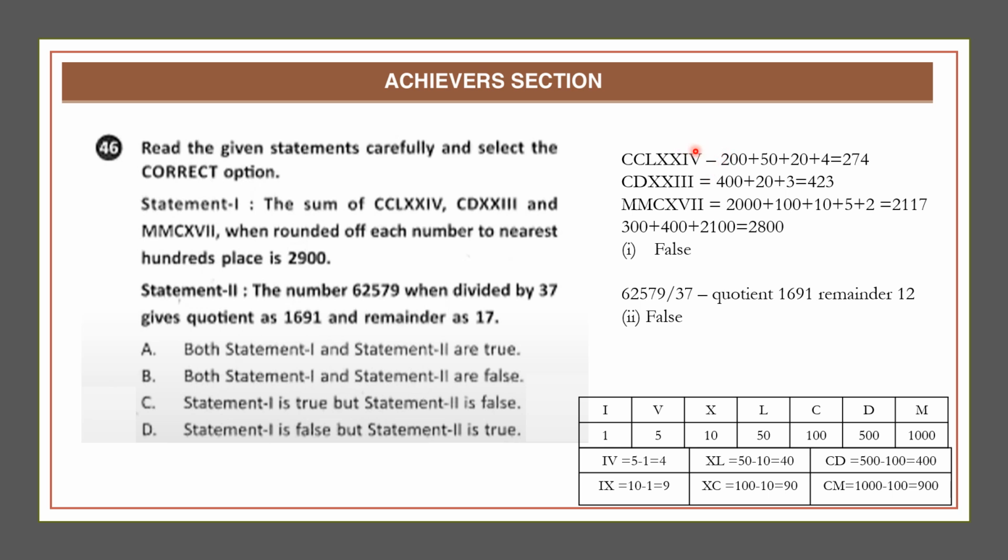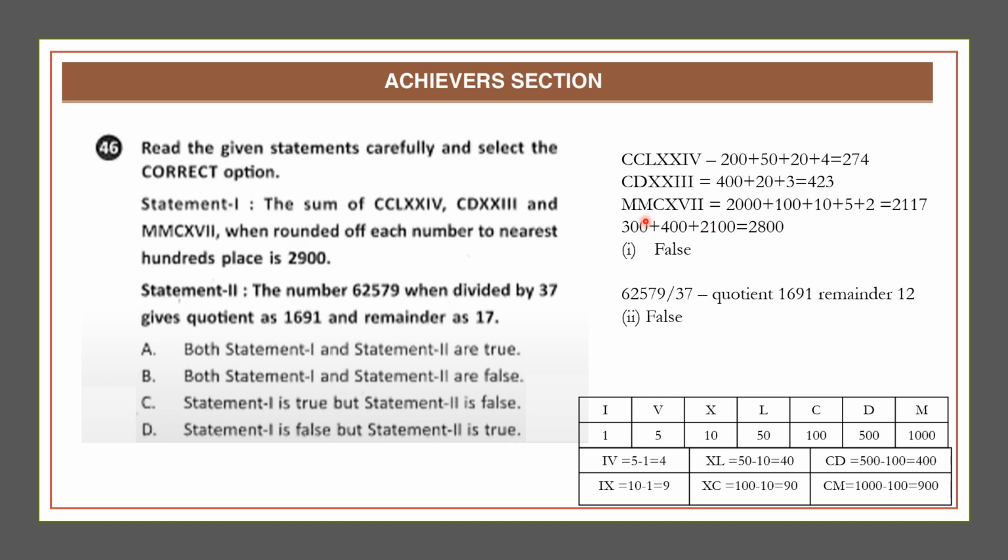So let's do it. CC is 200, L is 50, XX is 20 and IV is 4. So total is 274. Now CD is 400 because 500 minus 100 equals 400. Then XX is 20 and III is 3. So 423.